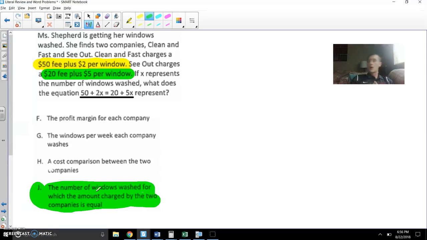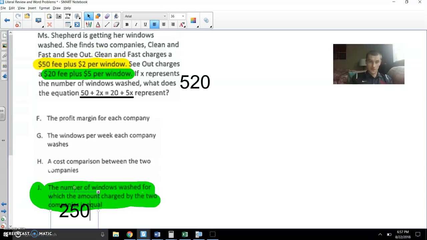But if you think, well, I really need to wash like 100 windows. Well, 100 windows would be 5 times 100, 500 plus the 20, so that's going to cost us $520 to do 100 windows with the one in green. But $2 per window, 2 times 100 would be 200 plus 50, that's only $250.